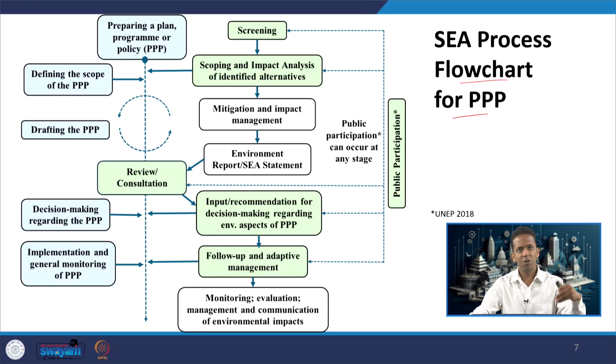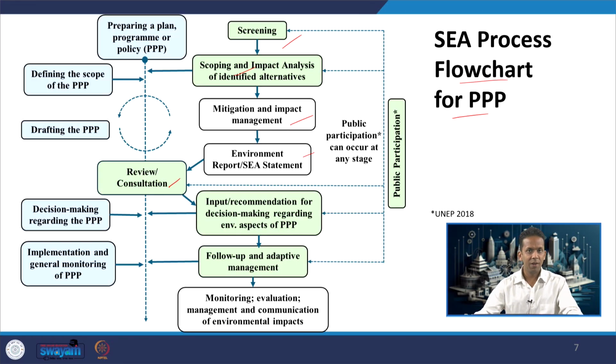So, the SEA process flowchart for PPP is another version, specific to the PPP, that is plan, program or policy. It again starts with screening, followed by scoping and impact analysis of identified alternatives. Once you do the scoping, you identify the alternatives, you do the mitigation and impact management. Once that is done, the environmental report or SEA statement is released, and that can be reviewed or consulted by the public.